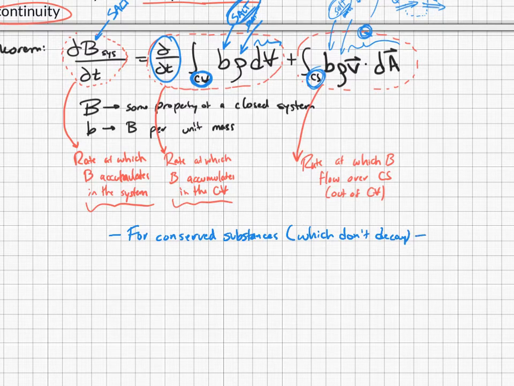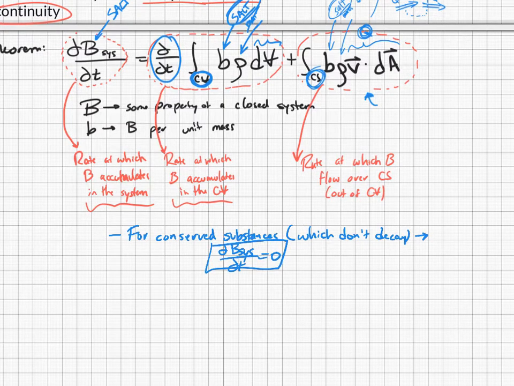If we were talking about heat, you could probably do this with heat, but it probably wouldn't work because some heat radiates off, and we can't account for that with this equation. But in this case, dB sys dt equals 0. So for a conserved substance, like mass, the mass of the system is not changing.